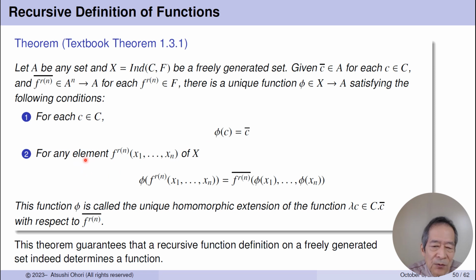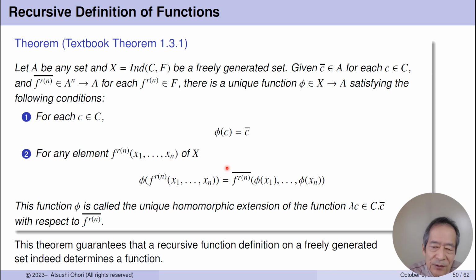And then for a compound syntactic object obtained by a syntactic constructor, to interpret this element, you first interpret the argument, and then according to the intention of this syntactic construct, you calculate in the semantic world the result and obtain a semantic element. So this is the usual way of defining some property recursively.